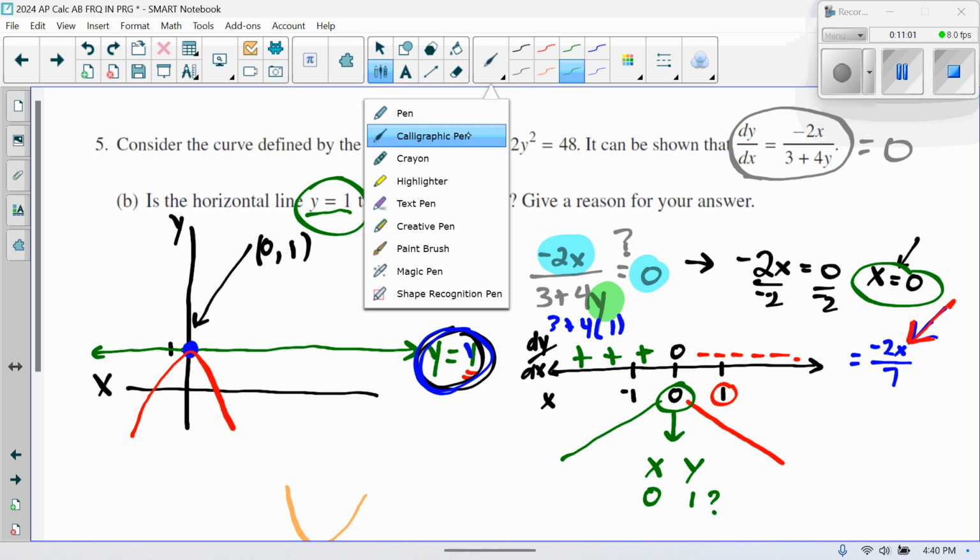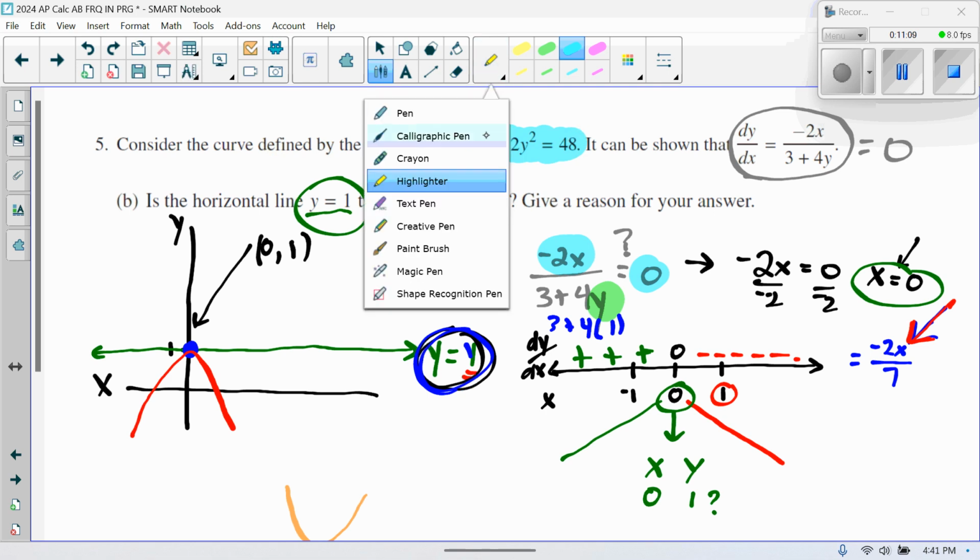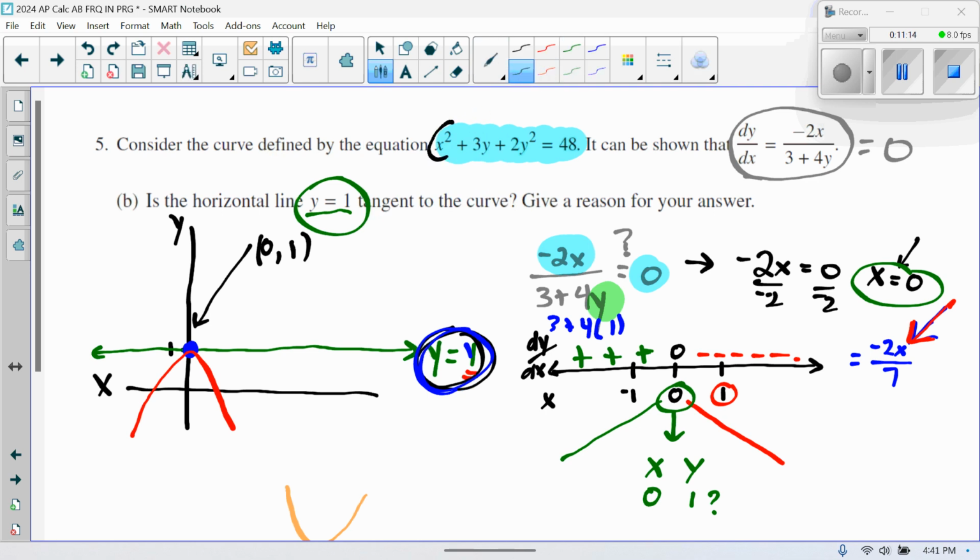So how do I do that? I've got to go back to my original equation. You might be thinking, goodness gracious, if I throw a 0 in for this x, this goes bye-bye, how am I going to solve for this y? I've got an easier way to do it, kids. Trust me on this one.